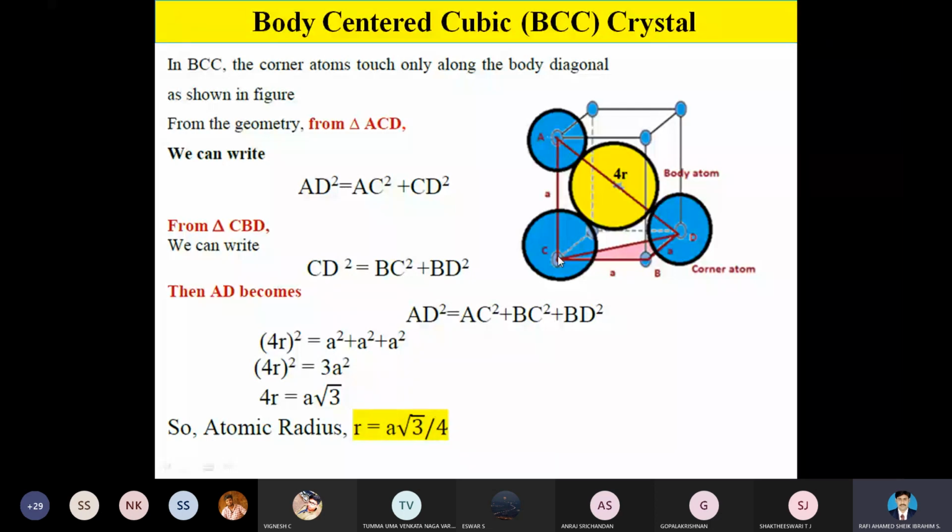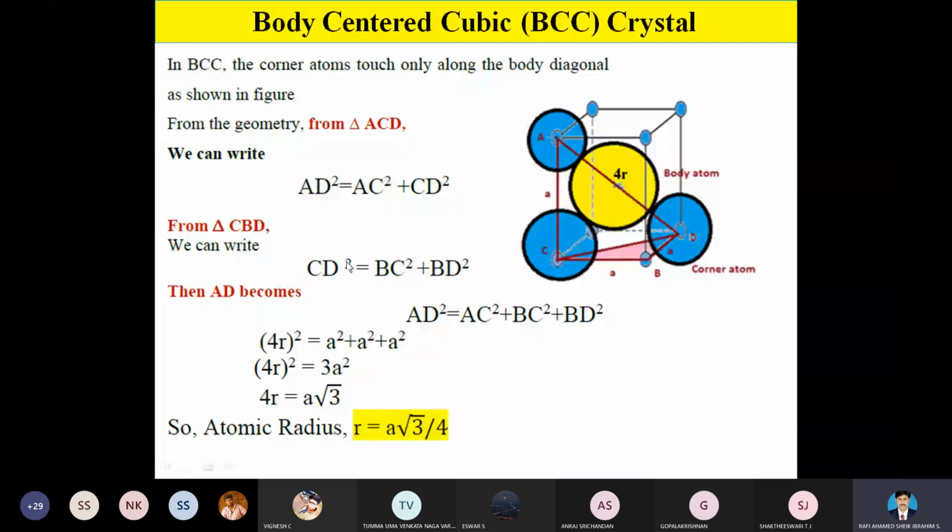See here, we are going to measure CD the whole square. The CD whole square is measured from the triangle CBD. So CD the whole square is equal to BC the whole square plus BD the whole square.